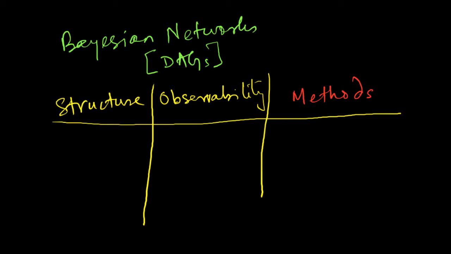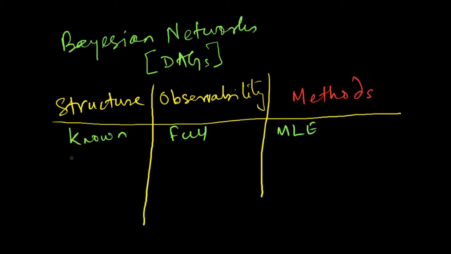So when it comes to the structure and observability, there are various possibilities. So you could know the structure completely and have full observability of the data, in which case you use a maximum likelihood estimation method and do your job, which is pretty straightforward. But there are many cases in real practical life where the structure and the observability are not fully available.